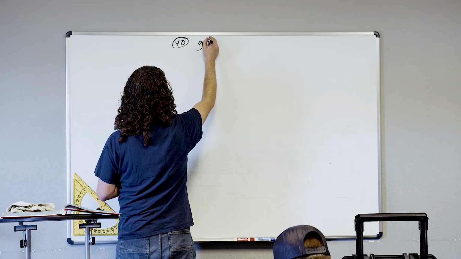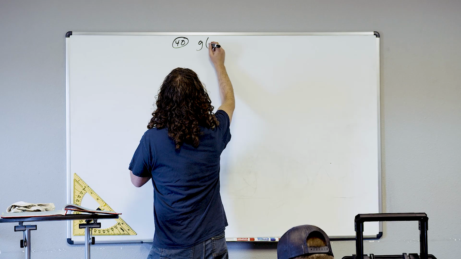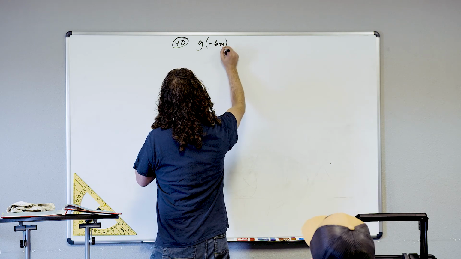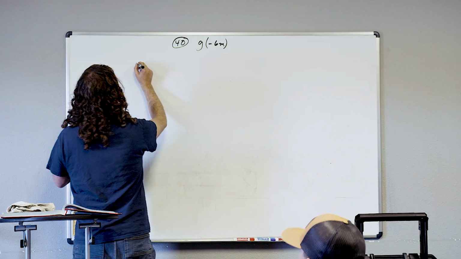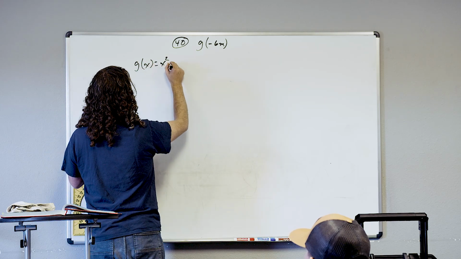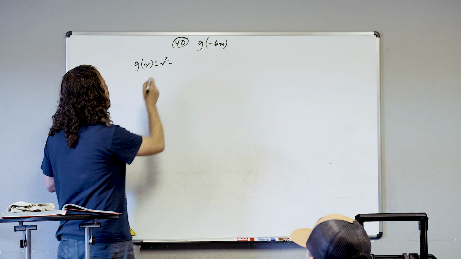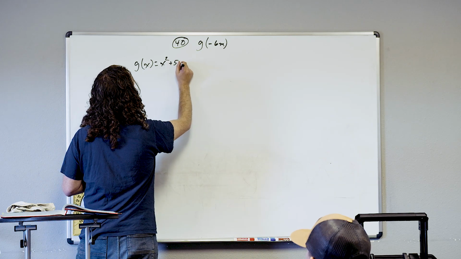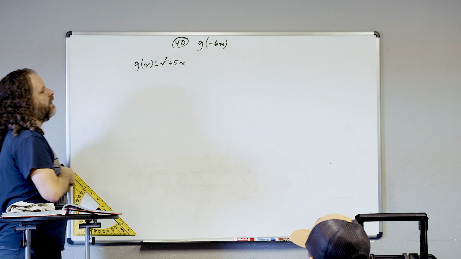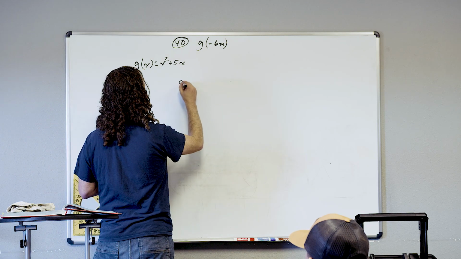We're looking for g of negative 6m. And we're still told g of x equals x squared minus whatever it is, plus 5x. Okay. So what do we do now? Substitute negative 6.